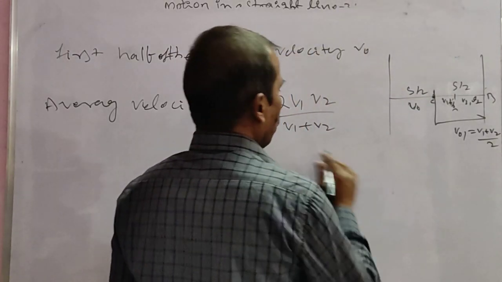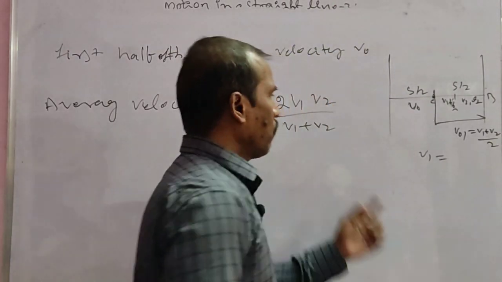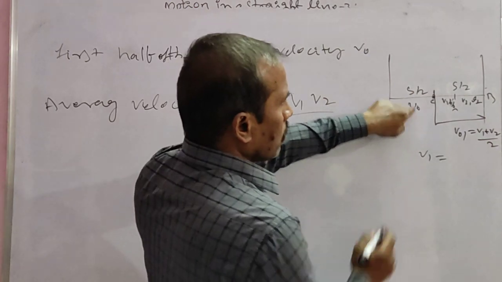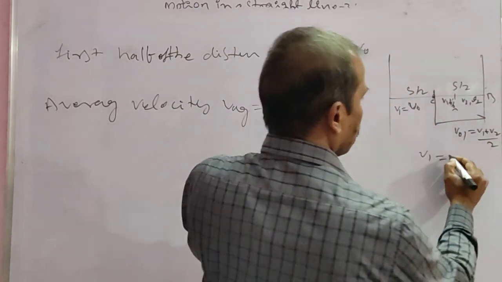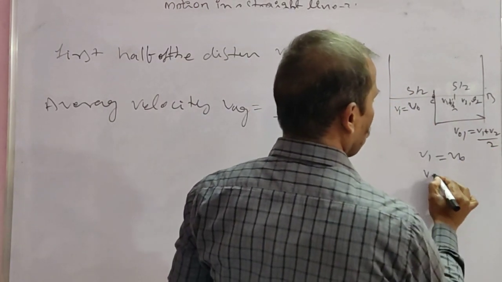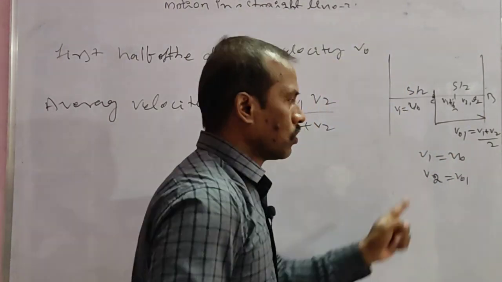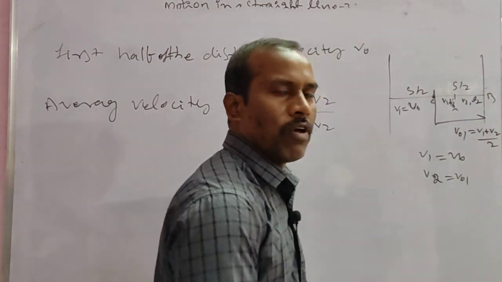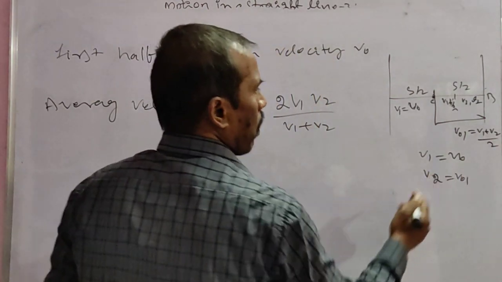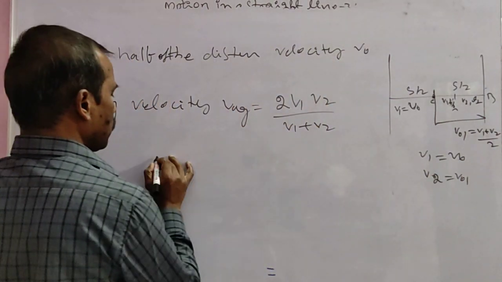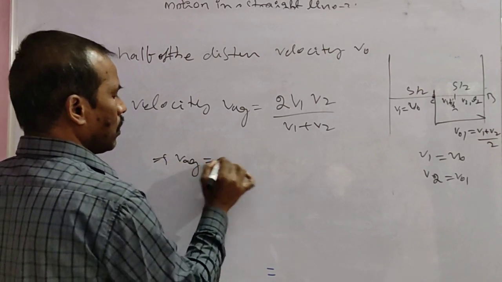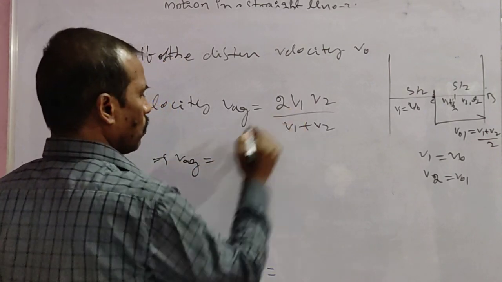Here V1 is equal to V naught and V2 is equal to V naught 1. So V naught is V1 plus V2 by 2. Substituting these two values, the average speed or velocity simplifies.